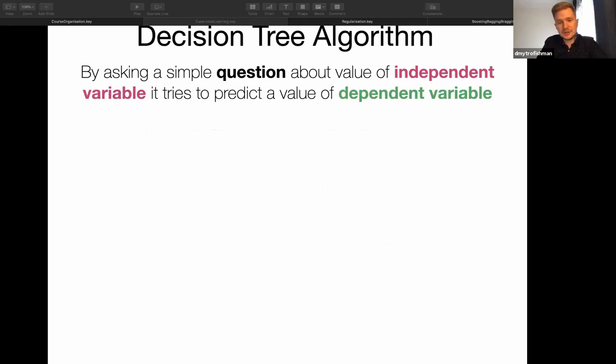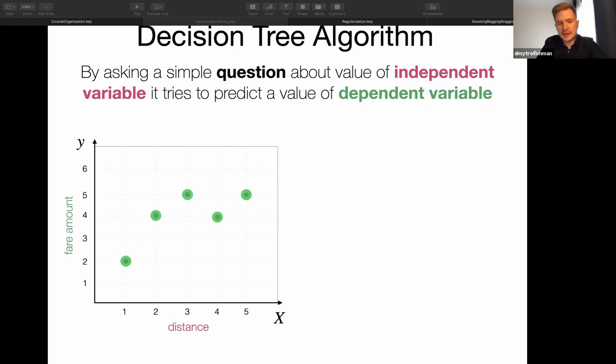So what the decision tree algorithm does is ask questions about the value of an independent variable in order to predict the value of the dependent variable. So here are our points. This is our distance and fare amount, as we used before for the linear regression.